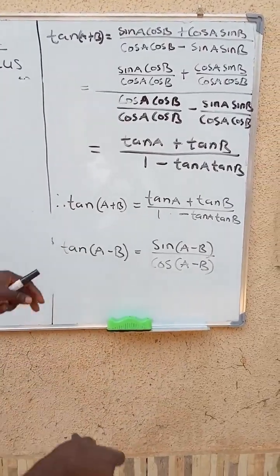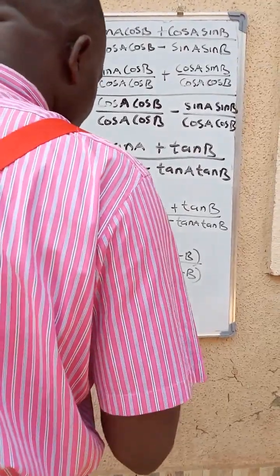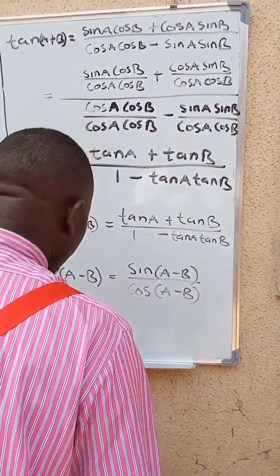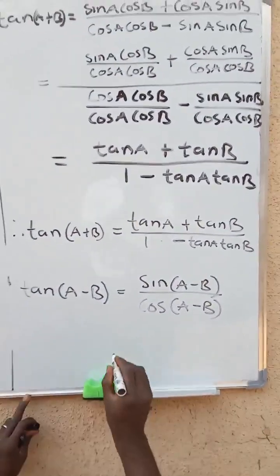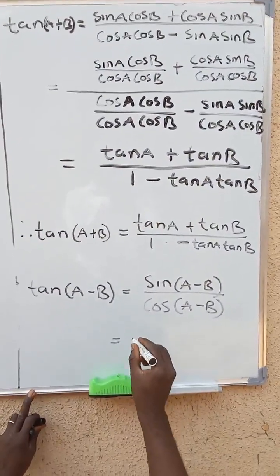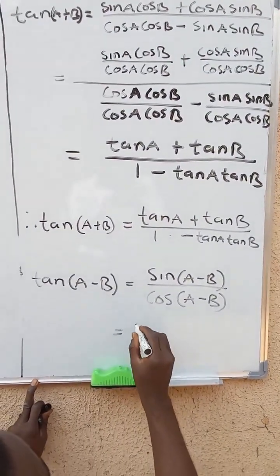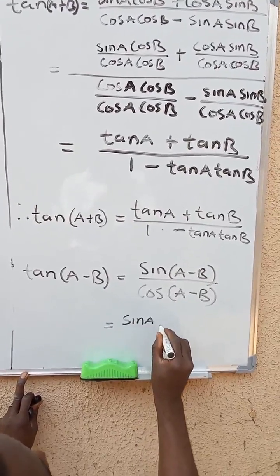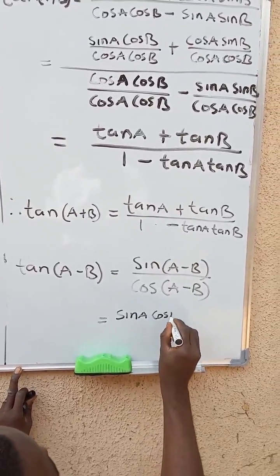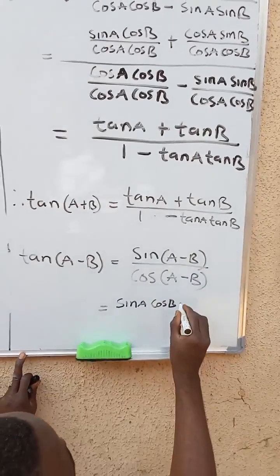Now, if we have it in this way, we can still bring it here in the same manner that we have been using. That this thing is still the same thing as what? Sin A minus B. We say that sin will first take and give to the neighbor. That is sin A cos B. It doesn't change the sign.